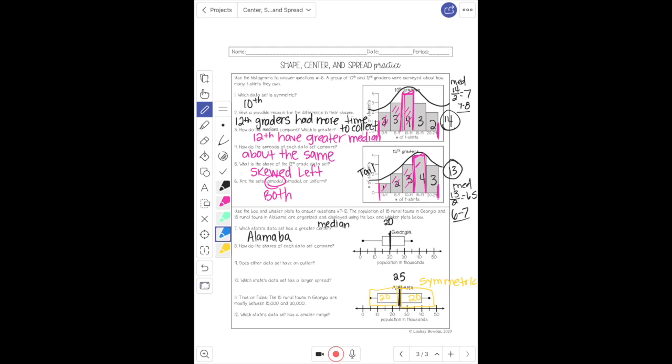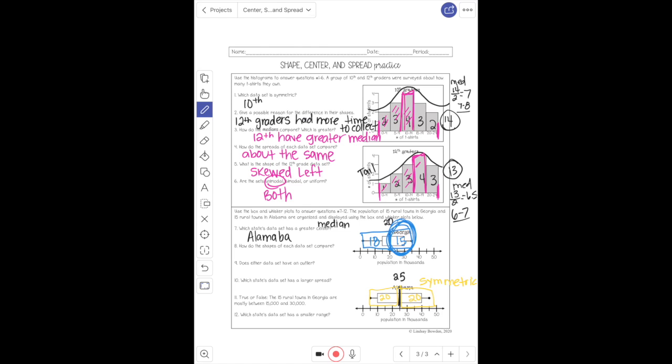All right, so then if we look at Georgia, if we go from roughly, it looks like maybe 2 to 20, we would say 18 in the lower half. And then 20 to 35, we would say about 15. So there's more grouped in the Georgia area because there's less spread.